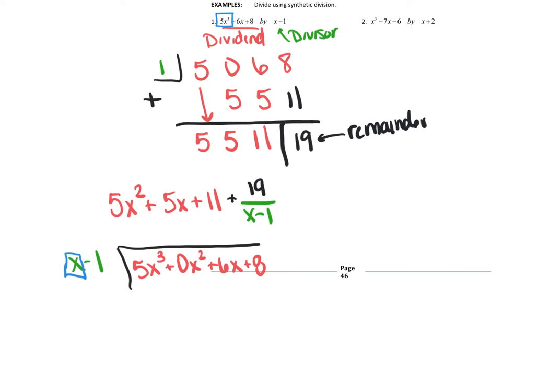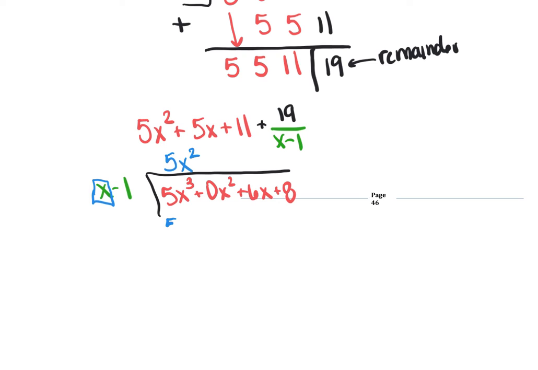We want to make this x look like that 5, so I'll multiply it by 5x squared. 5x squared times x is 5x cubed. 5x squared times 1 is a -5x squared. Again, I'll change my signs. Minus, plus, cancels. 5x squared, bring these down.